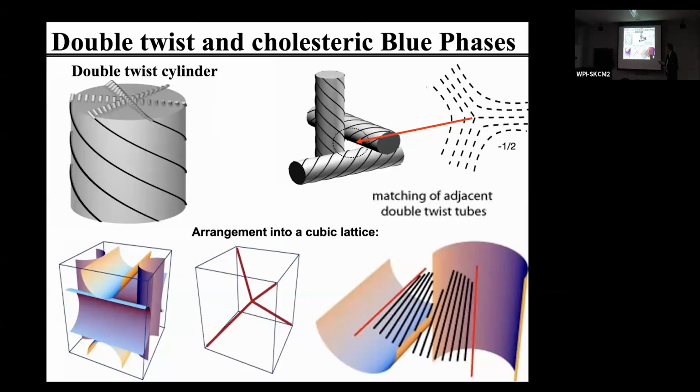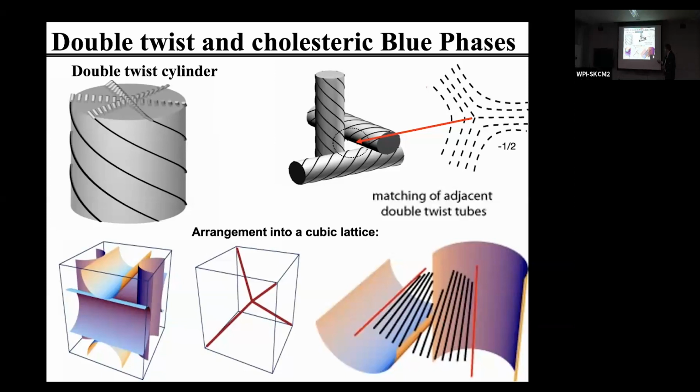So as you would walk from its center to periphery, you will see the molecules twisting in all radial directions, right? And then on this double twist tube, you would see this barber pole-like configuration of the molecular alignment and director field. So now you realize that you cannot continue and fill in the entire three-dimensional space by such two-dimensional twisting, right?